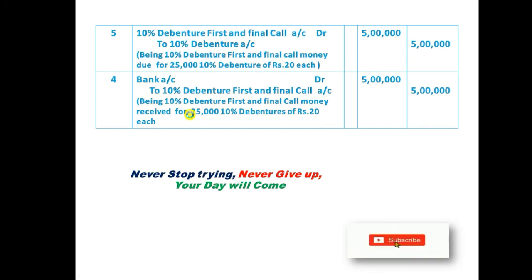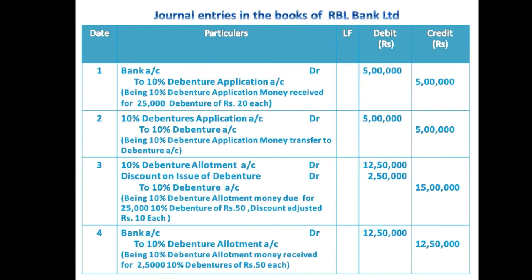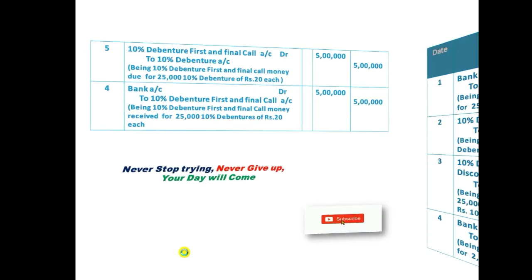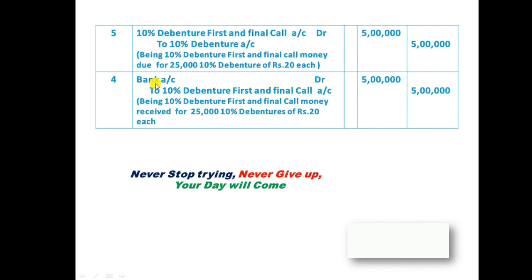Let me glance. The bank entries are similar. If you see in the first installment as application, bank account debit to debenture application account. In the second installment, bank account debit to 10% debenture allotment account. And even in the third installment, bank account debit to 10% debenture first and final call. In all three installments, the bank only will receive the money, so we need to debit the bank and we need to credit the various installments.